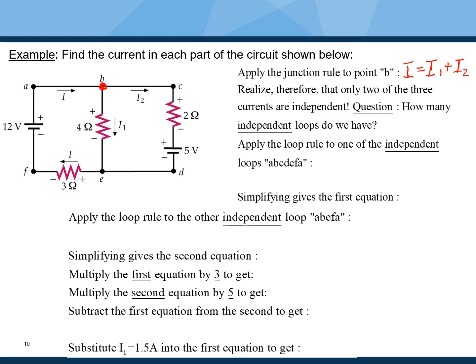So that takes us through the junction rule, and that's a good thing because it basically is telling us that if we ever see an I in one of our equations, we can legitimately erase that off and replace it with I1 plus I2. The benefit of that is that we will actually reduce the number of independent variables that we will have to use in solving the problem.